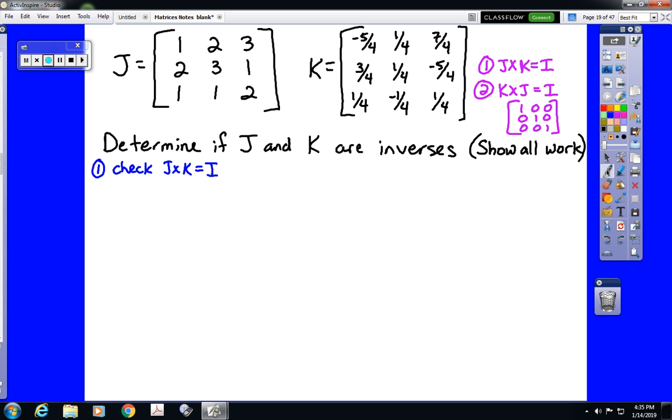So we start off and we say, okay, in order to do this, I have to take row 1 times column 1 of K. So that's going to be my top left entry. 1 times negative 5/4 plus 2 times 3/4 plus 3 times 1/4.